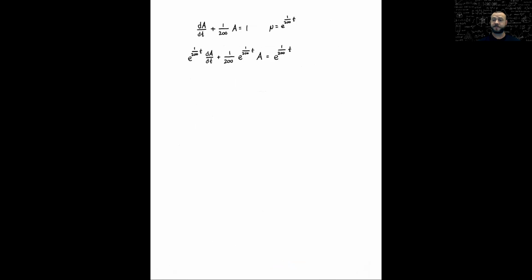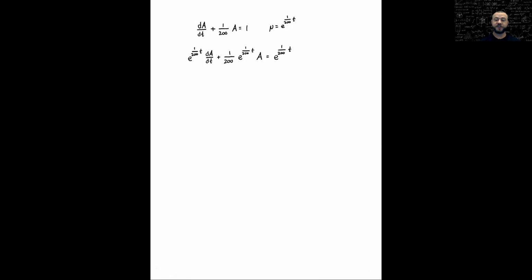So with our integrating factor, mu equals E raised to the 1 over 200 times T, all the same steps apply here for solving a linear ODE. First, multiply the original ODE by your integrating factor, on both sides.